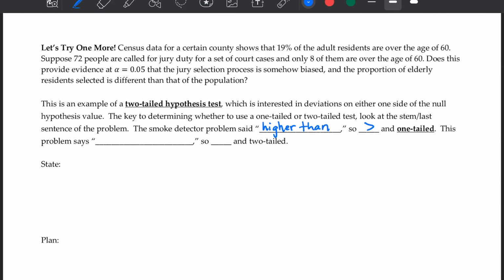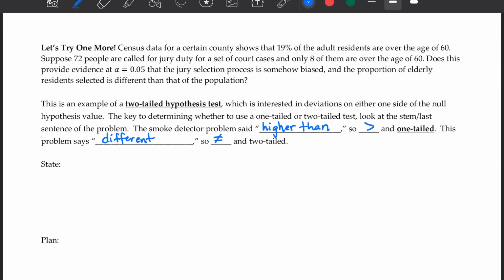You'll notice in my shading on that, I just shaded the right tail. But this problem, on the other hand, says just, is this sample different? That's when we know that we're not interested in just greater than or just less than. We are interested in the not equals to.